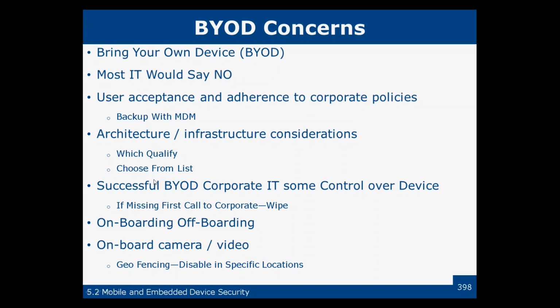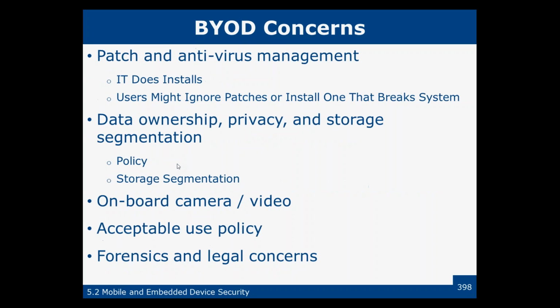The MDM software helps with applying the policies so that we can make it secure. Remember, the objective of all of this all the time is to make our network secure.